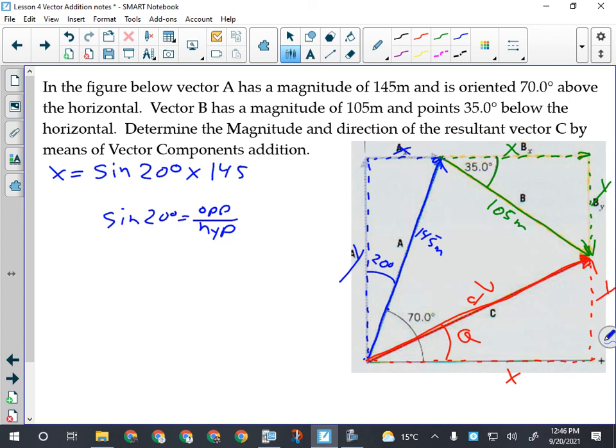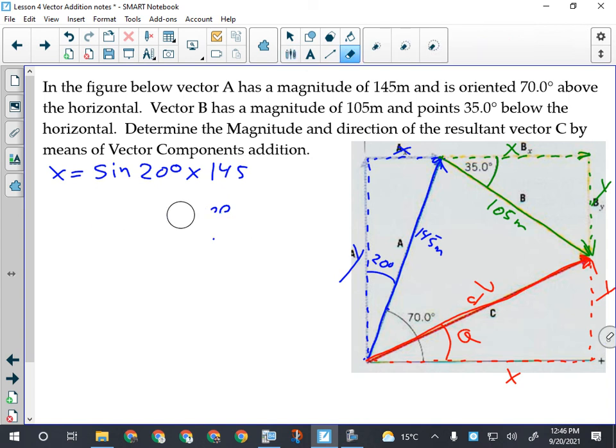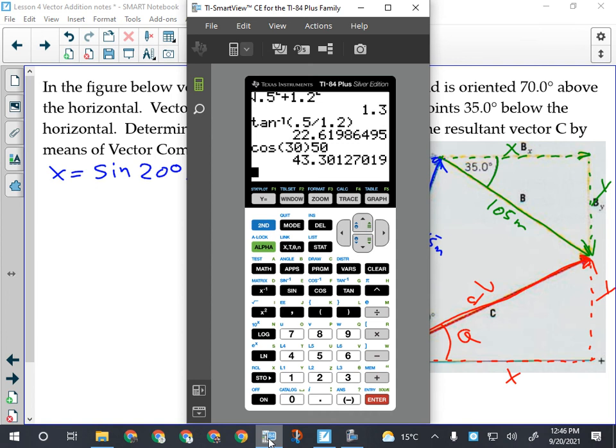You all right with that? Now, what mode does your calculator need to be in for this? Degree mode, yes. If it's in radian mode, you're going to get very different answers that will make no sense whatsoever. You should recognize when you get them that they make no sense whatsoever. Because I have had people who have left their calculator in radian mode and written down absolutely ridiculous answers because they didn't understand what they were doing.